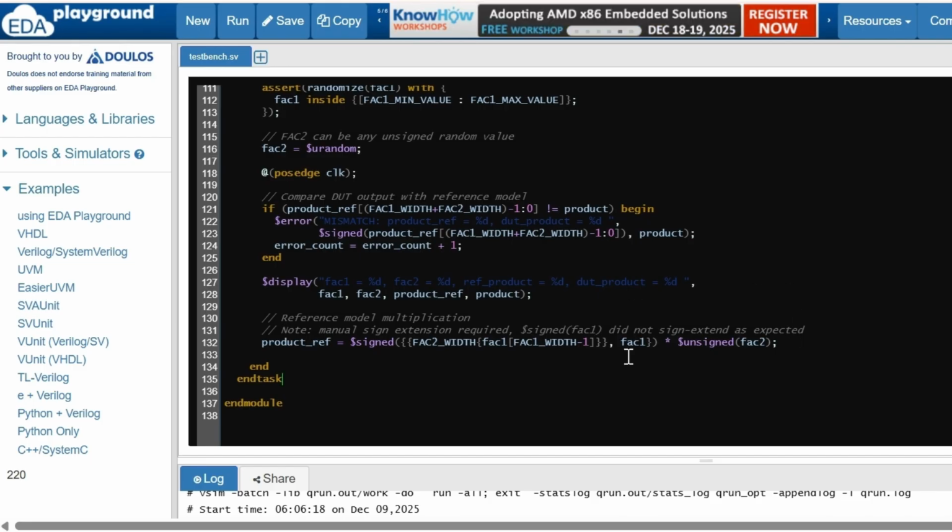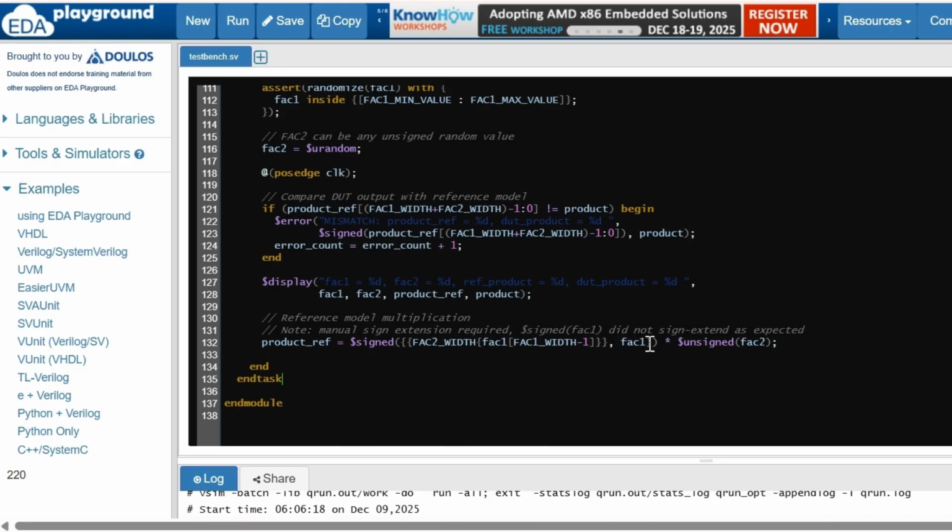So if we do not extend our factor 1 to the full width of product ref, then we won't get the expected result, because the other bits might get appended with 0. That would be wrong for a negative value of factor 1.